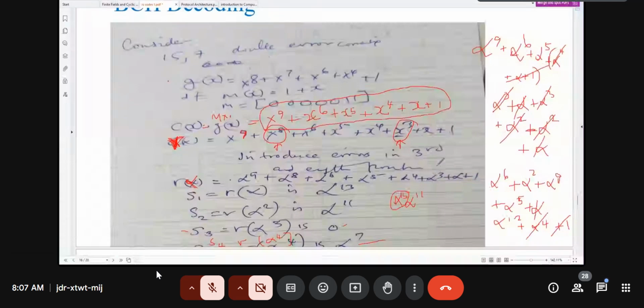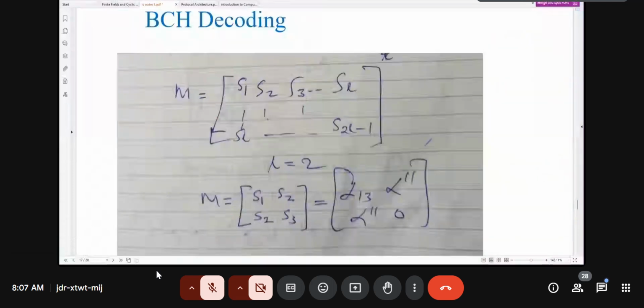Well, maybe I just write it here, maybe somebody did not follow. What I did is I found that alpha to the 6 was alpha to the power of 3 plus alpha to the power of 2. Then I went to alpha, and then of course there is alpha to the 2 following there.